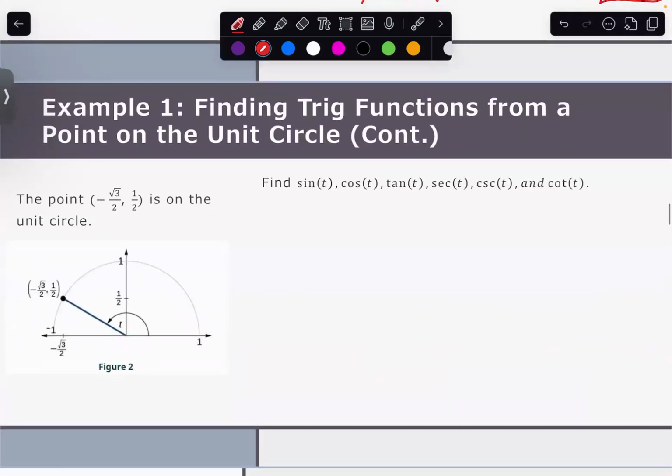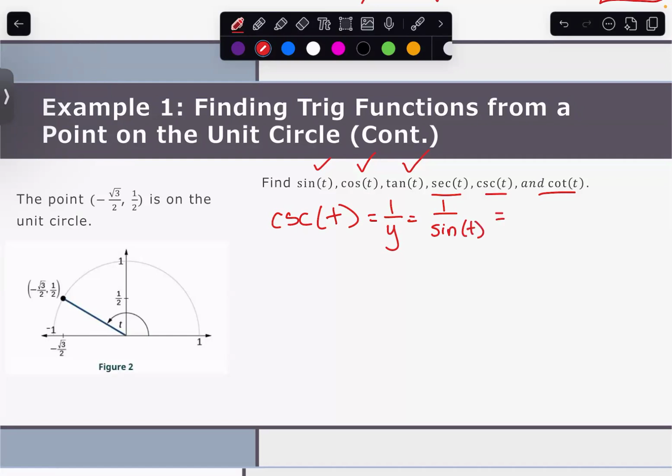We ran out of room, so I'm going to keep going. So far, we've taken care of sine, cosine, tangent, and those last 3 will be the reciprocals of what we already have. So if I want to find the reciprocal of, let's say, sine, that's going to be cosecant, which we said was 1 over the y value, or 1 over sine of the angle.